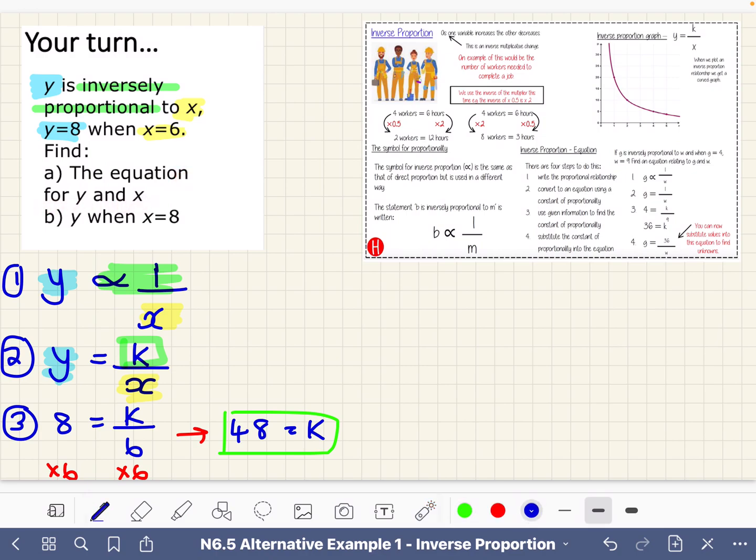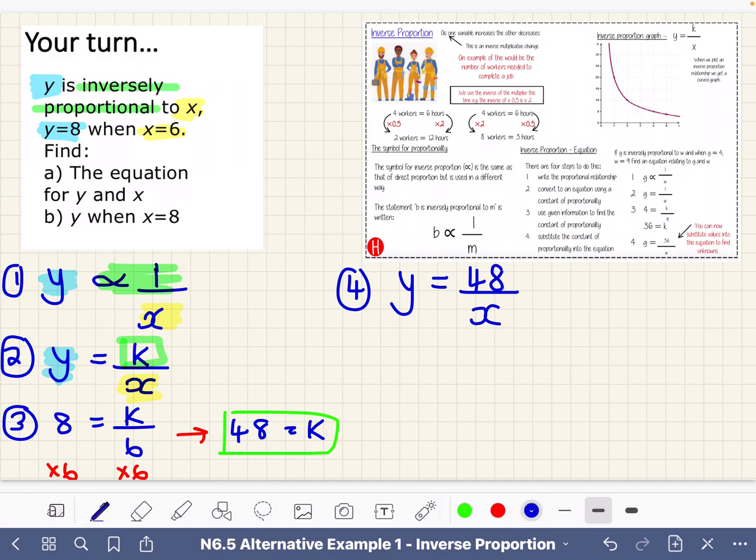That means for step 4, y is still as it is, the equal sign is still as it is, k we now know is always 48, and we are dividing that by x. We can now use this to calculate any value of x or y when the other one is known.